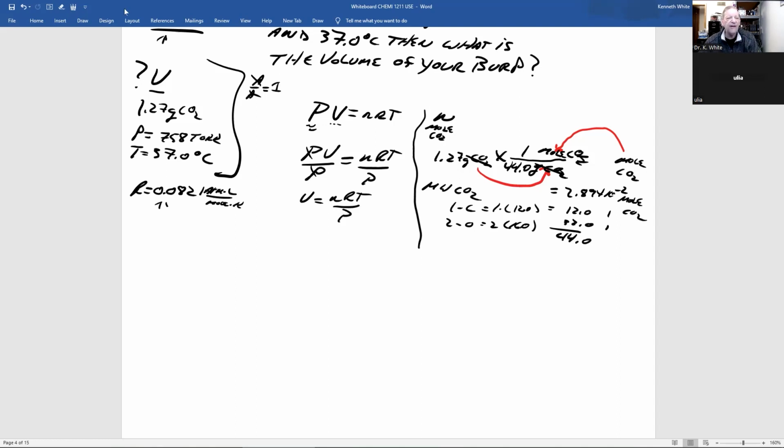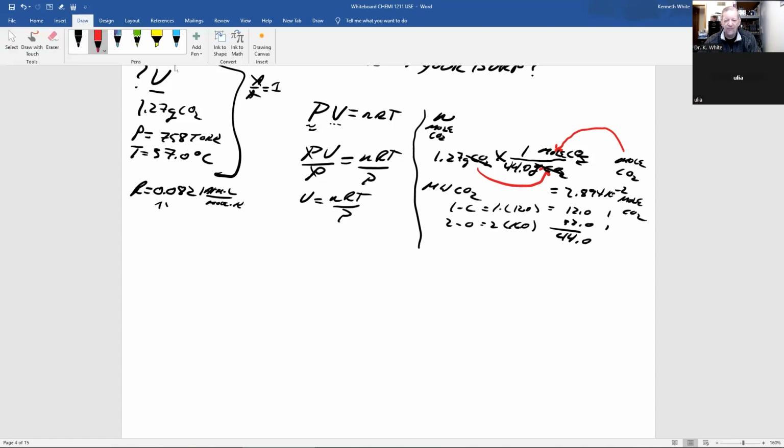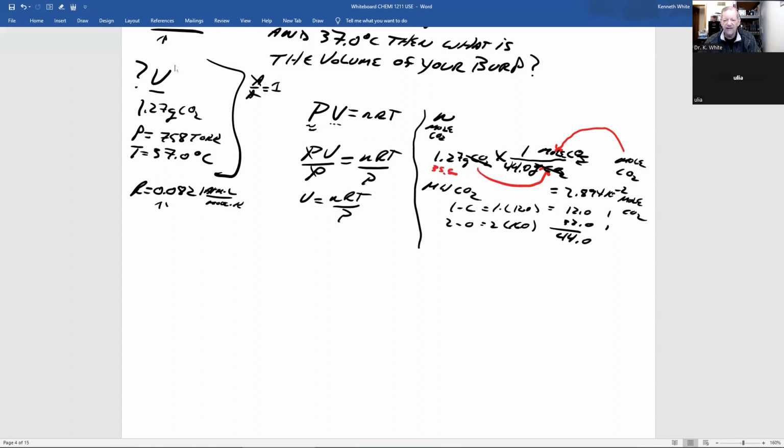Remember, this is 3 significant figures, 3 significant figures, exact number. And when you multiply and divide, you get the same number of significant figures in your answer as the number with the fewest significant figures that you're multiplying and dividing. And I rounded it off to 3 significant figures. So now we have n. R is right here, so we have R.